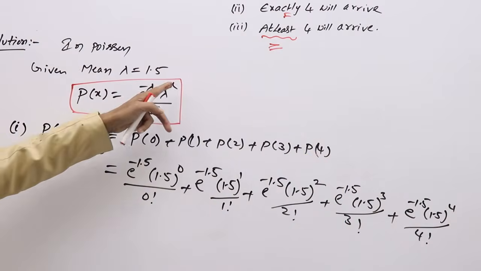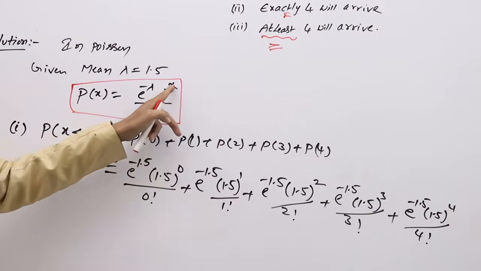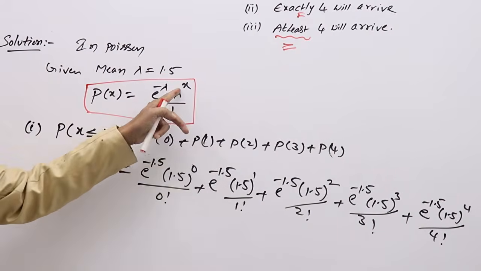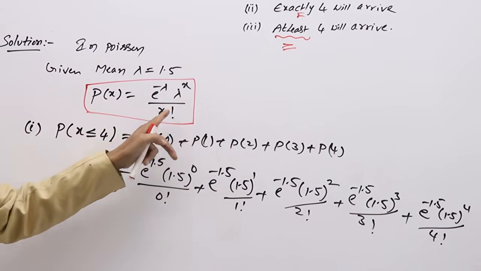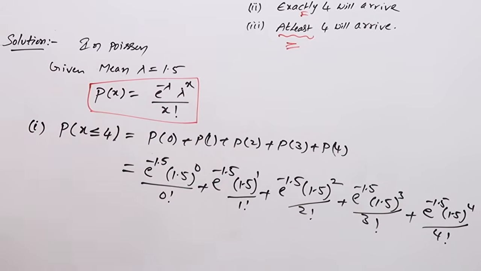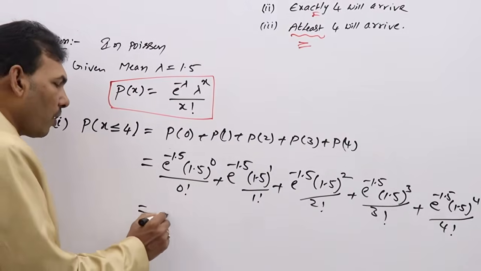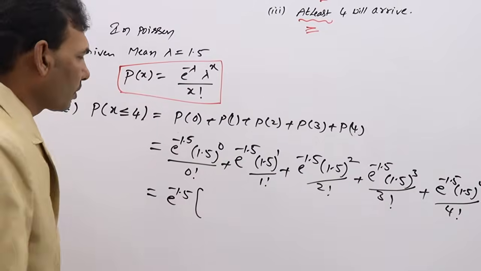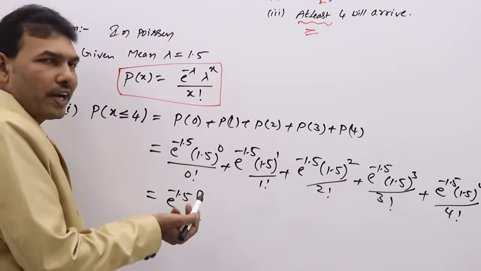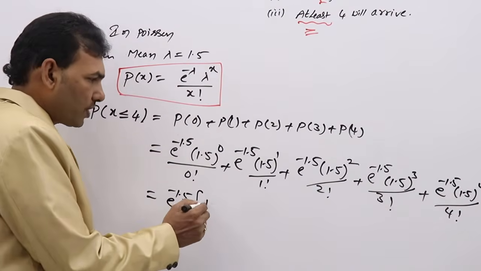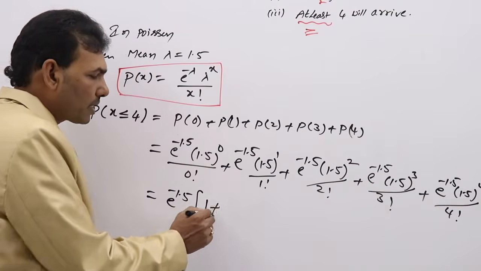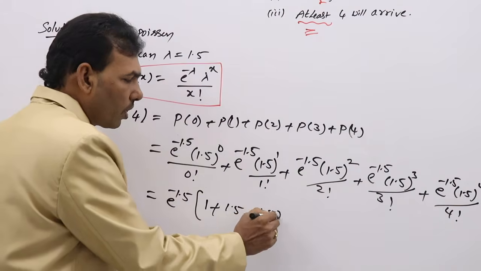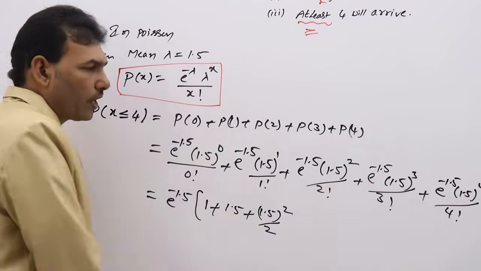For the first case I wrote 0 in the place of x, in the second case I wrote 1 for P of 1, for P of 2 we wrote 2, for P of 3 we wrote 3, and for P of 4 we wrote 4. If you observe, in every fraction you have e power minus 1.5, so you can take it as common. Anything power 0 is 1, and 0 factorial is 1, so in the first one you will have 1 only. In the second one you will have 1.5. In the third one, 1.5 whole square by 2 factorial, which is 2.